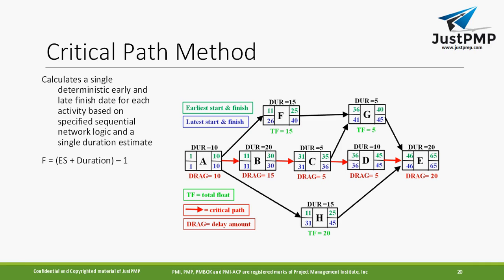Then you will calculate the latest start date and latest finish date, then find the critical path, and see which line is the critical path. So first you do your early start date. Can you try to understand this part? So how to calculate earliest start date, you understood, right?